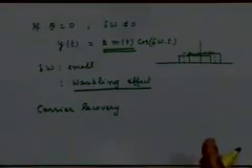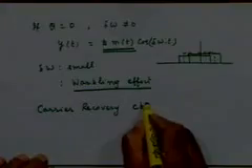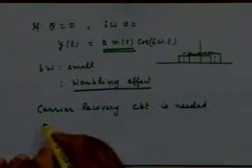You require a fairly sophisticated, a fairly good carrier recovery system, right, by which we will be able to establish a local carrier which is in perfect phase and frequency synchronism with the incoming carrier, right, and that operation is called recovering the carrier, right, at the receiver. So a carrier recovery circuit is needed at the receiver.